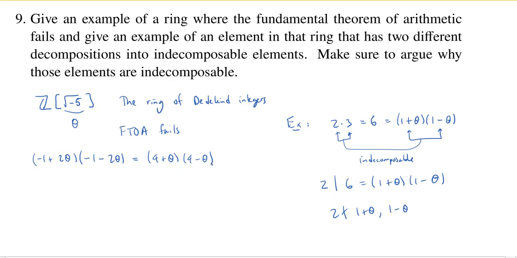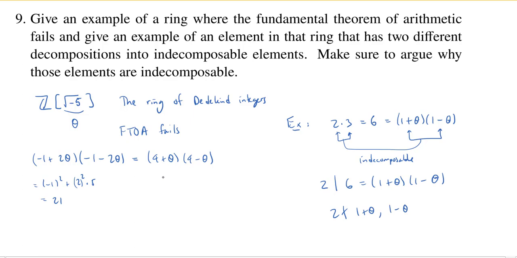Now, because I'm multiplying conjugates, I'm just going to be getting the norm. And the norm in this case I get by taking the square of the components and multiplying the second component, after I square it, by 5. So in this case, I would get -1 squared plus 2 squared times 5. Okay, so let's see, 5 times 4 is 20, plus 1 is 21.